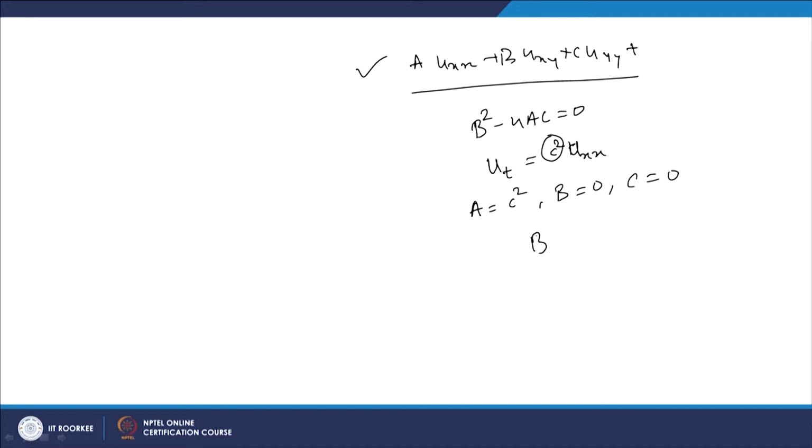So, b squared minus 4ac comes out to be 0. So, we can say that this heat equation, which is written as u_t equal to some constant times u_xx, is a parabolic equation.